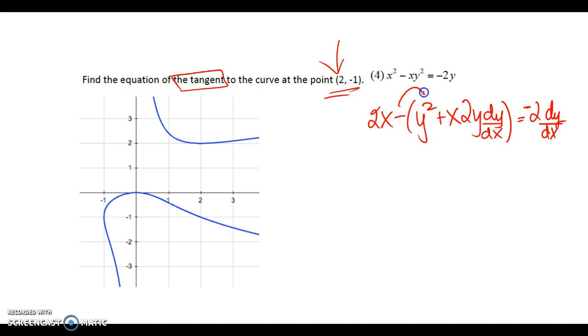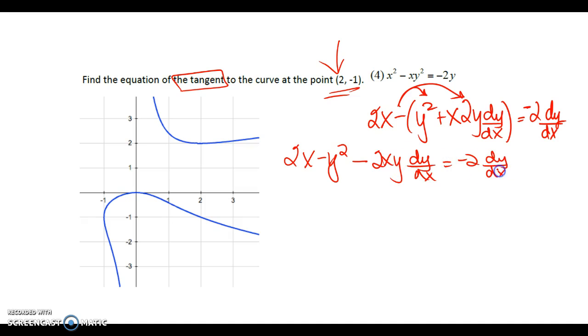Now I have to distribute this negative sign, don't I? So this becomes 2x minus y squared minus 2xy dy/dx equals negative 2 dy/dx.